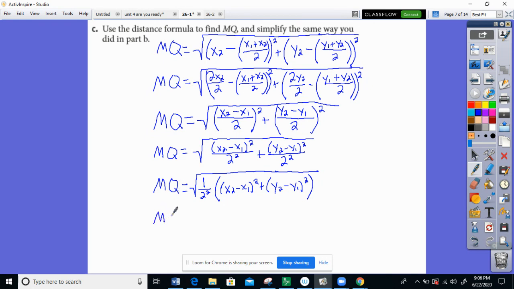So now this is the square root of 1 over 2 squared. Oh, sorry, 2 squared is 4, times the square root of x2 minus x1 squared plus y2 minus y1 squared.